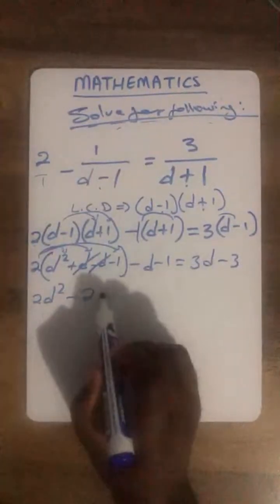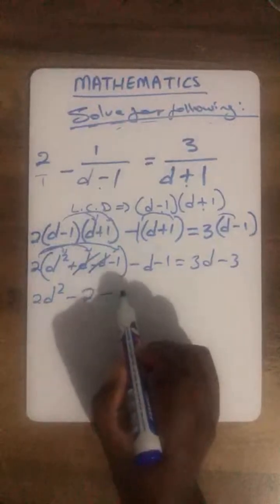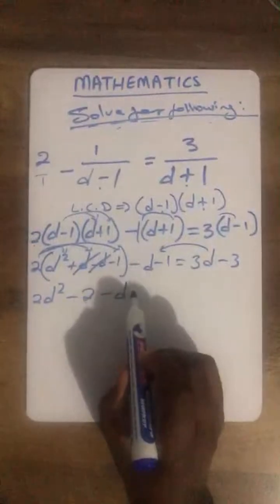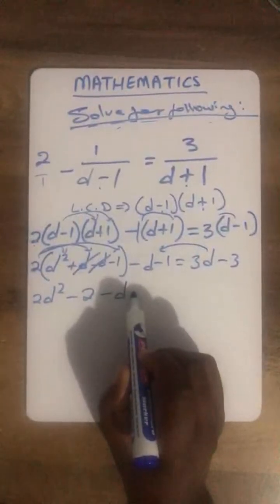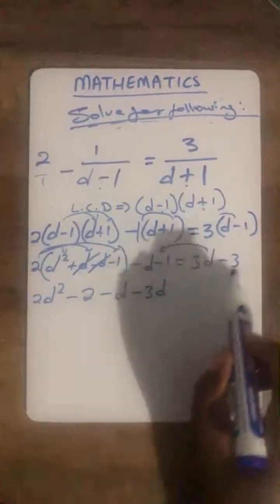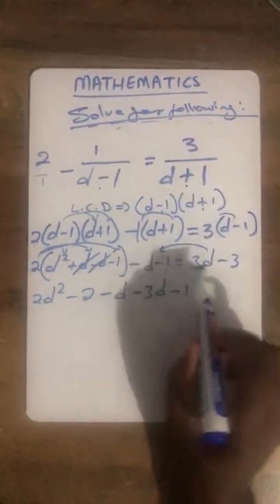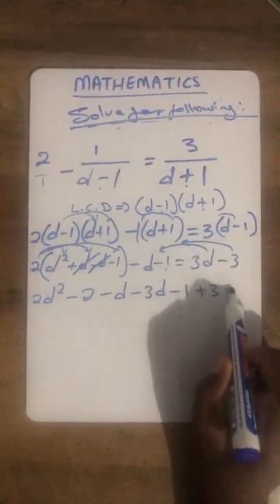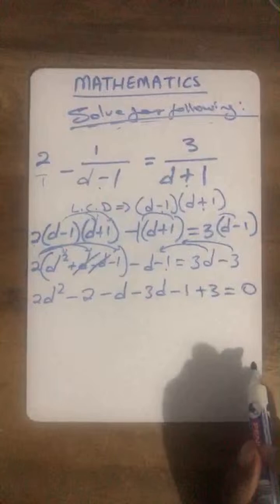And then here, you just have that minus D. How about you take this to the other side? And then it becomes a minus 3D. And then you have that minus 1. How about you also take this one to the other side? Then it becomes positive 3, just so that you equate everything to 0.